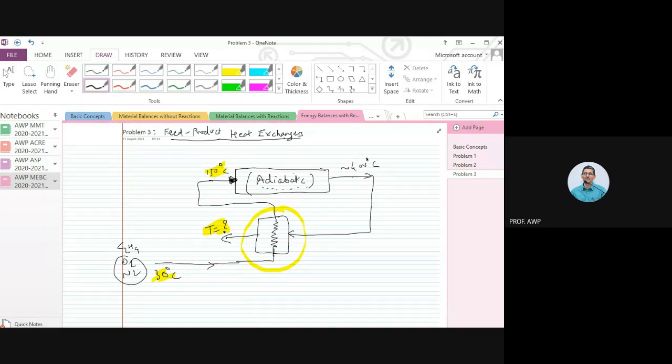Calculate the temperature of the outgoing gas. Outgoing product gas. This should take less than a few minutes to do.